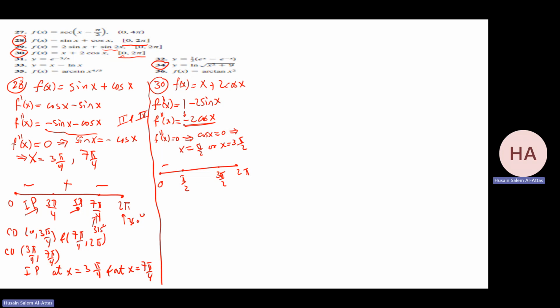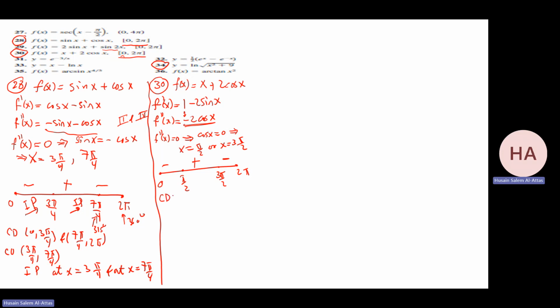From pi over 2 to 3 pi over 2, cosine is negative, so that will be positive. Take pi, it will be minus 1 times minus, very clear. And here it will be negative, fourth quadrant, positive times negative.